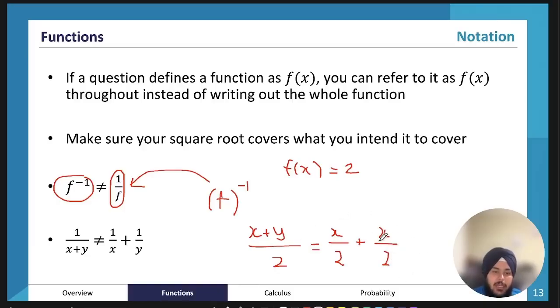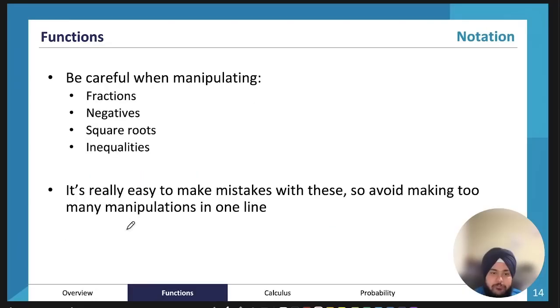So for example, x over 2 plus y over 2 is allowed. So this is equal to this, but this is not equal to this. When it's in the denominator, you can't split it like that. So it's really important to make sure, especially when we look at hyperbolic functions and when we're trying to solve them. A lot of students end up making this mistake.